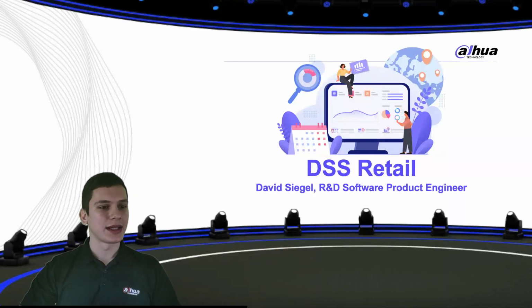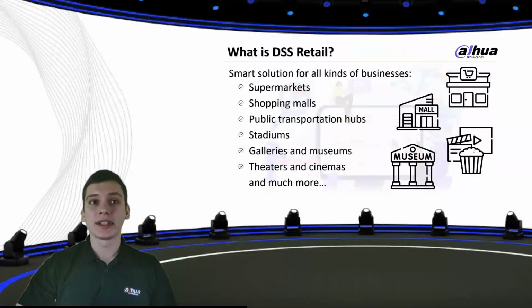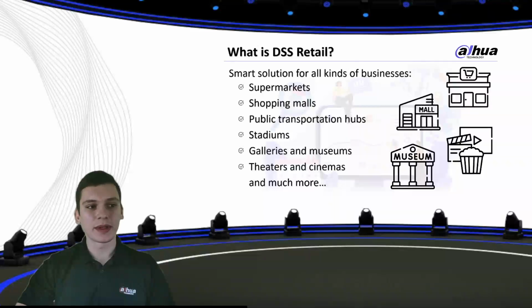And we can start. So this is our new retail module. It is part of DSS Pro. And what is it? It is our smart solution for all kinds of businesses.